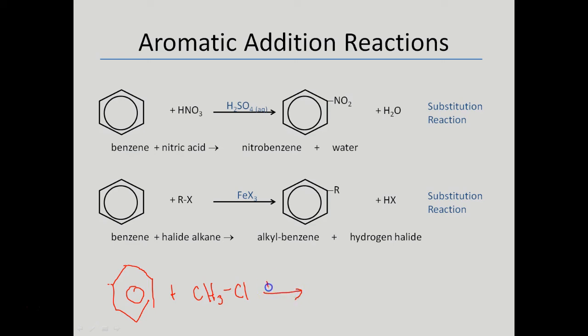I'm going to have my catalyst, and my catalyst in this case will be iron 3 chloride, so that the halogens in the two spots match. And then what will happen is my methyl group will be attached to my benzene ring, and I'll get HCl produced as well.